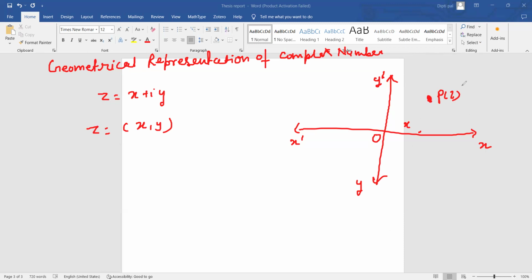And here the plane is known as the Argand plane, or Gaussian plane.